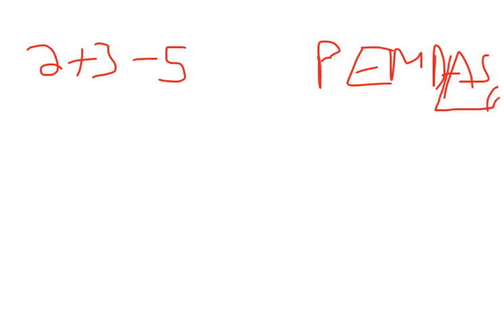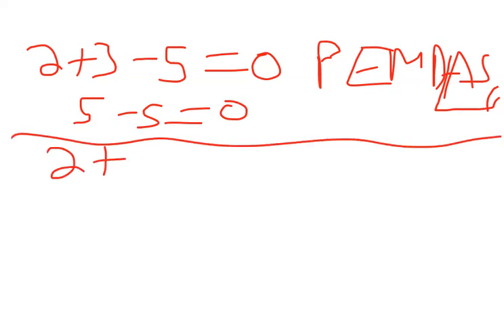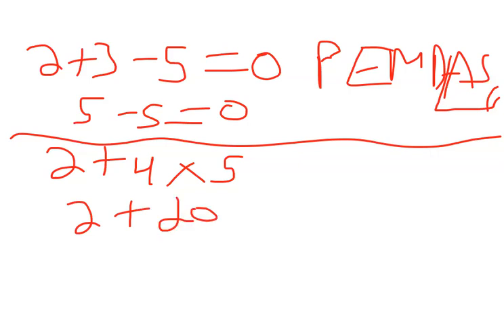So 2 plus 3 is 5, and 5 minus 5 is 0. So the whole expression becomes 0. Yep. So let's do another one: 2 plus 4 times 5. In this case, we have multiplication, which we will do first. So it'll be 2 plus 4 times 5, which is 20. And 2 plus 20 is 22, which is your answer for that one.